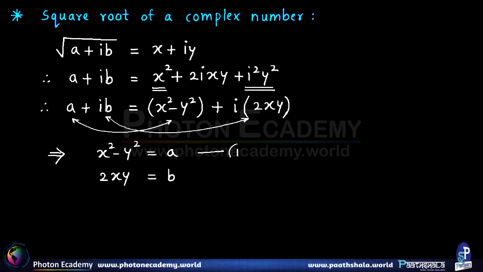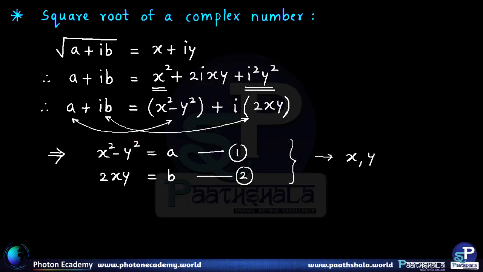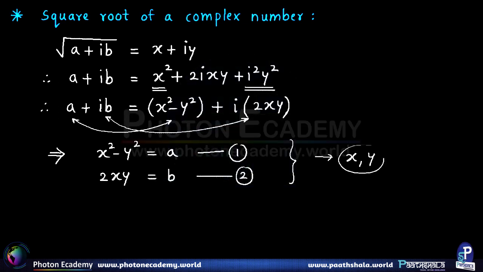So here we see that we have two equations in x and y, and on solving these two equations we obtain the values of x and y, which gives us the answer of the square root of a complex number. Now it's important to note that whenever we obtain the solutions of these two equations simultaneously, we have to make sure that all the possible pairs of x and y we have got must satisfy these two equations.